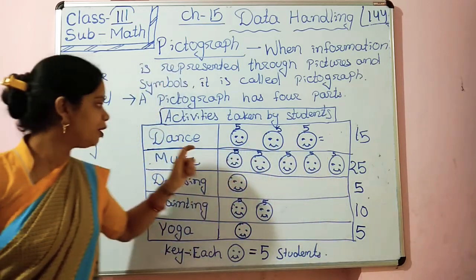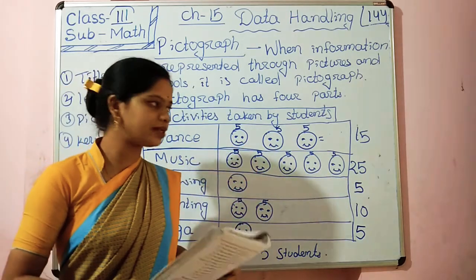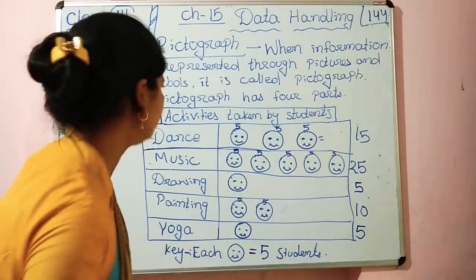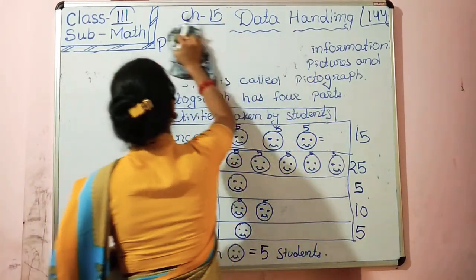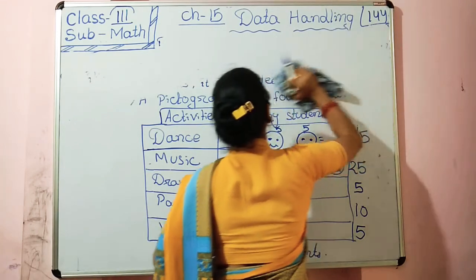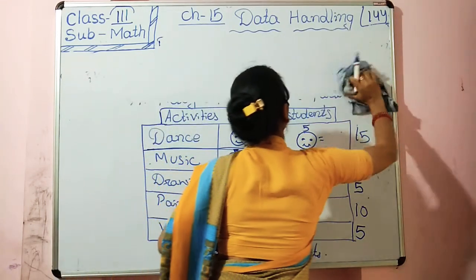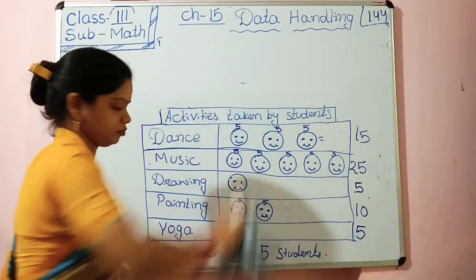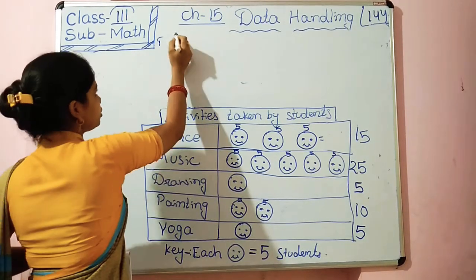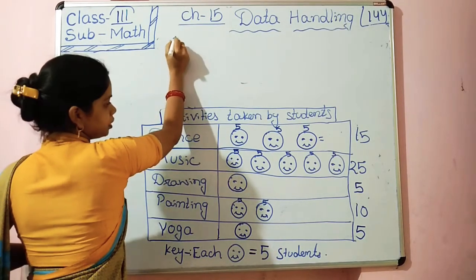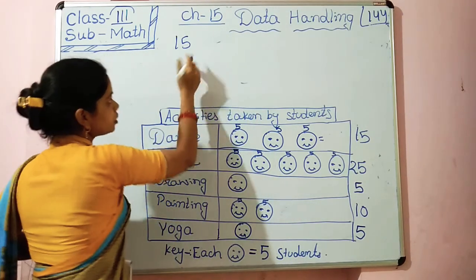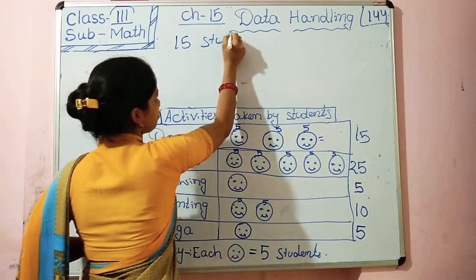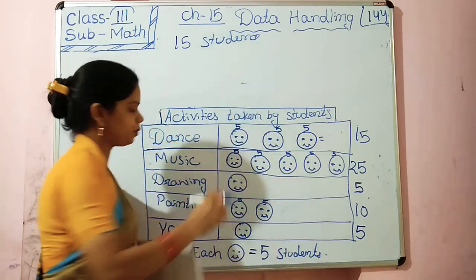You have to write: 15 students take part in the dance competition.